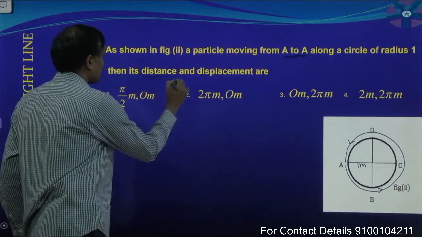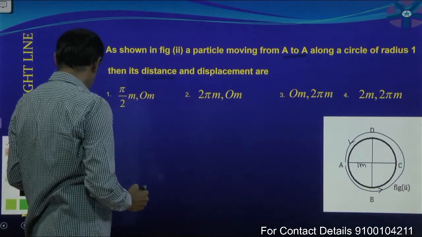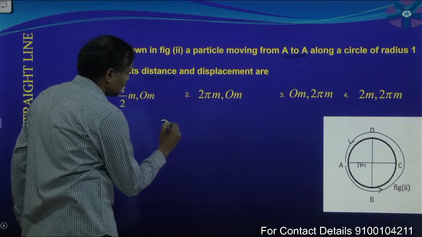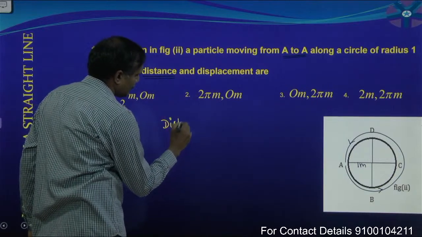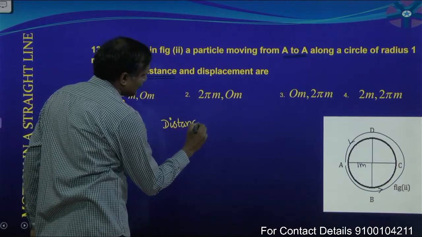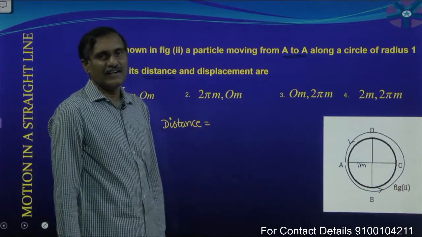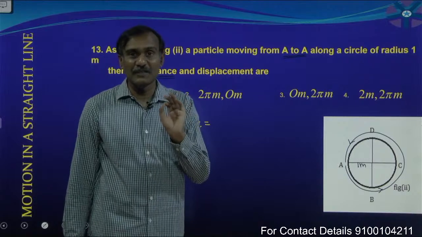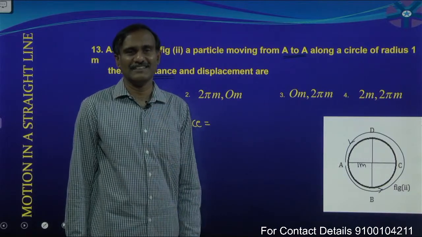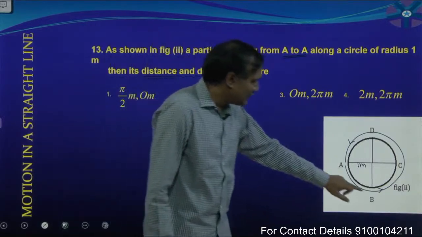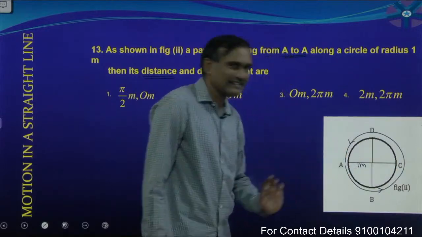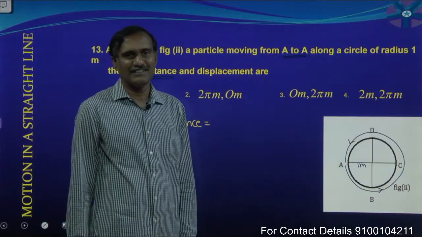Now I want to calculate its distance first. Distance is nothing but the actual length of the path travelled by the particle. Now this length is equal to how much?